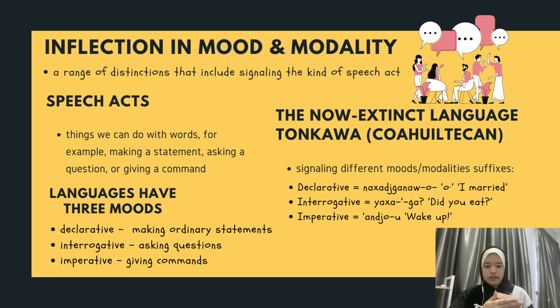Speech acts are classically defined as things we can do with words, for example, making a statement, asking a question, and giving a command. So languages have 3 moods that include declarative, which is making ordinary statements, interrogative, which is asking questions, and imperative, which is for giving commands.